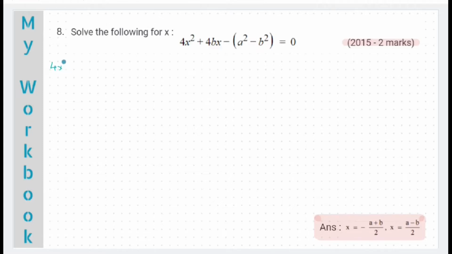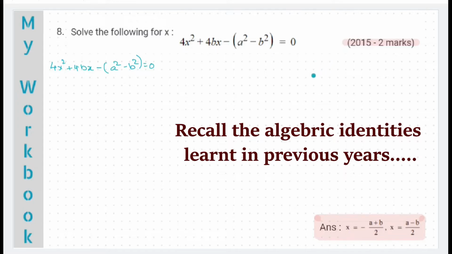If we rearrange these terms, we can write the entire equation as a product of two factors, so factorizing would be easier for us. Before that, we will recall a couple of algebraic identities which will be useful in this question.